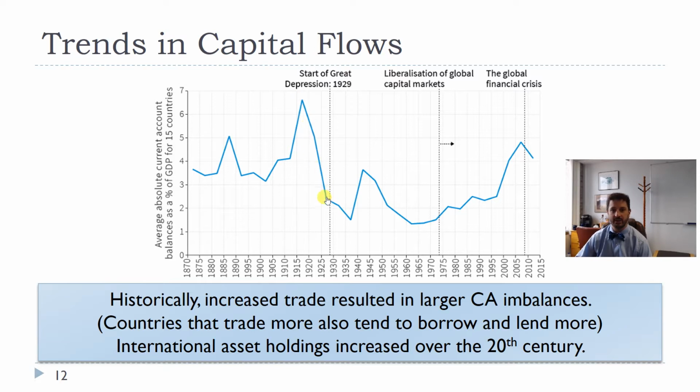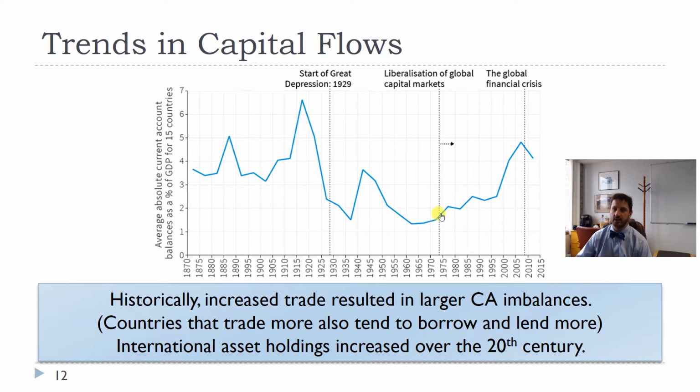It fell dramatically with World War I and with the Great Depression. Increased somewhat right before World War II, but then fell off again and really reached a low point around 1960. And a lot of this was due to regulations where countries put a lot of controls on who could own what, how much foreign direct investment there could be.